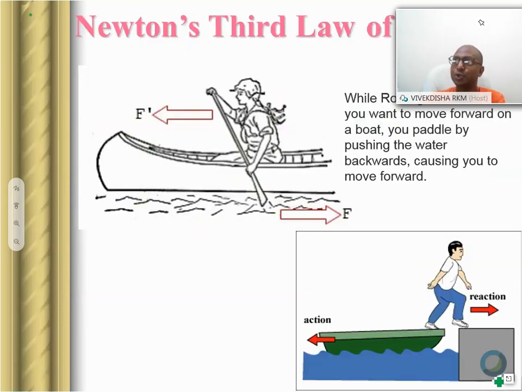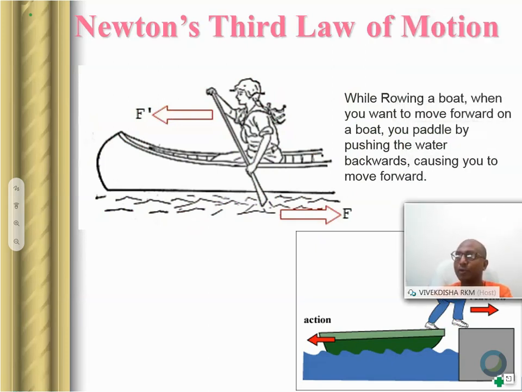A person is rowing, moving forward. Generally, what does he or she do while rowing a boat? She moves the paddle, and by that way, she drives the water backward. If she does that, then the boat will move in the reverse direction of the water.